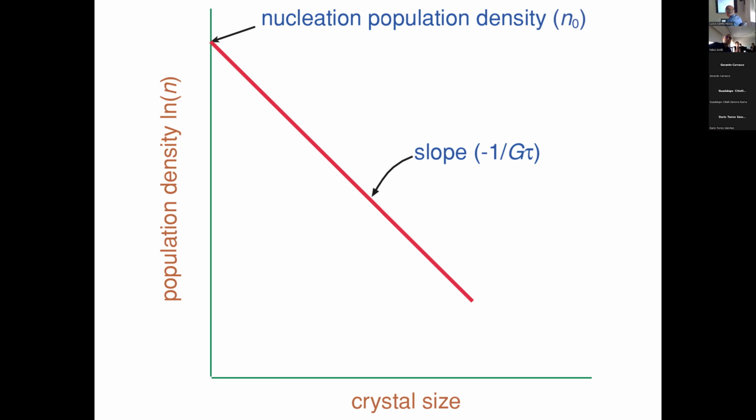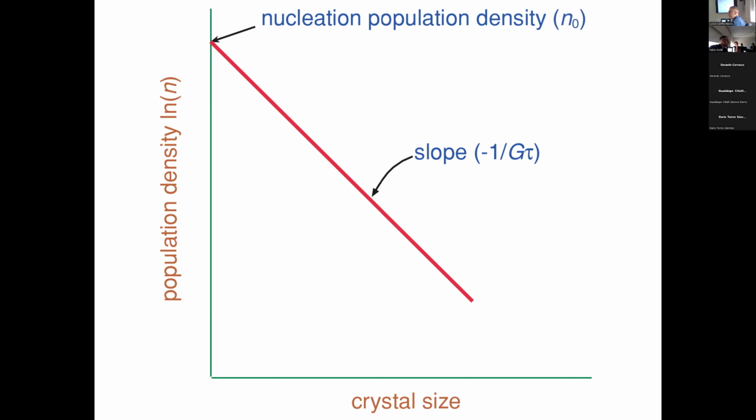The slope is related to the growth rate of your phases and the residence time of that population of crystals at a certain condition at depth. So this technique can be used to calculate how long a magma can stagnate at depth. This is very important for pre-eruptive conditions, or as we will see, syn-eruptive conditions.